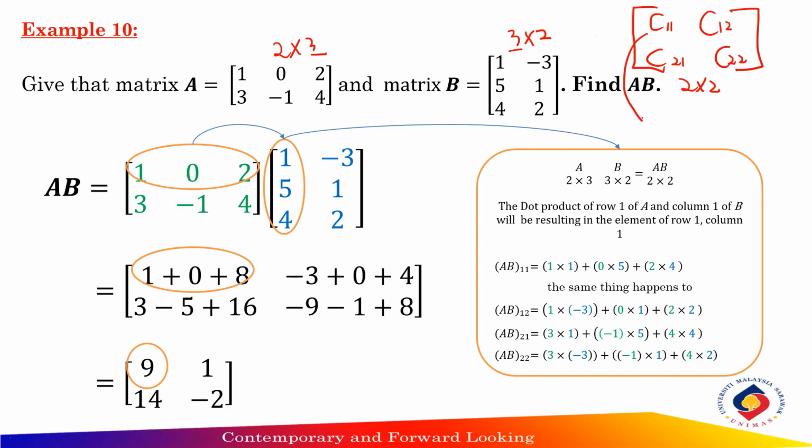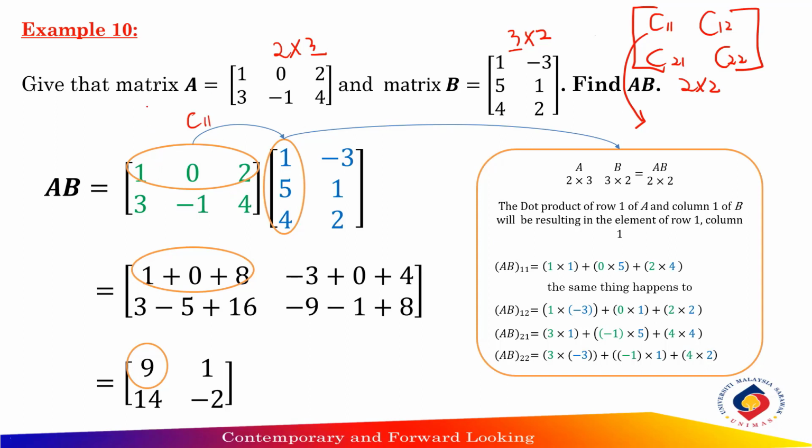C11 is obtained by multiplying the first row of matrix A with the first column of matrix B.